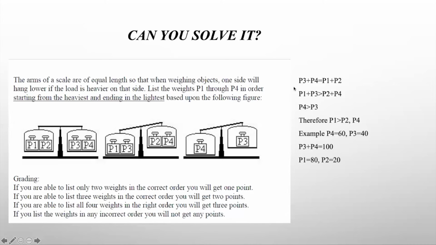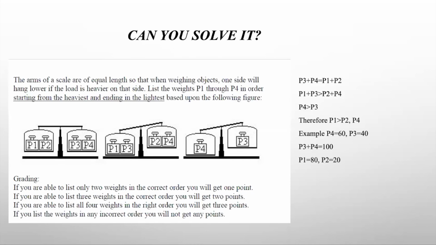Because P3 plus P4 should be equal to P1 plus P2, right? And now if P3 plus P4 is 100, it means that P1 plus P2 is supposed to be 100. But from this, we deduce that P1 is greater than P2 and P4. Now P4 is, for example, 60, and P1 can be 80, and P2 can be 20. So this is just an example.